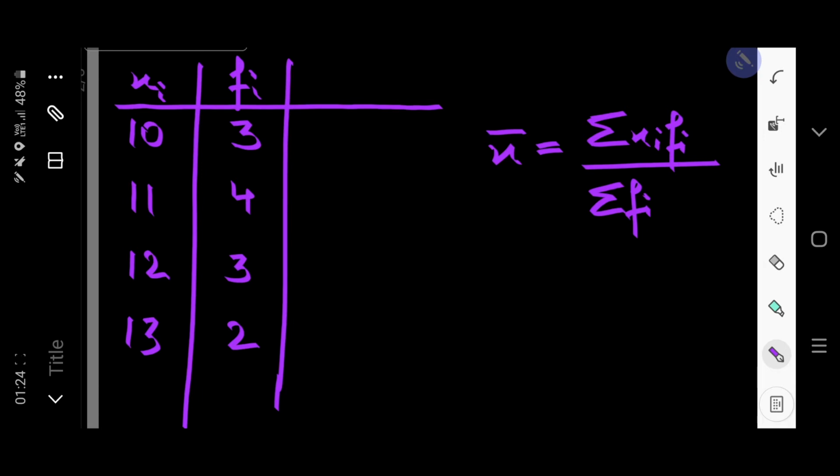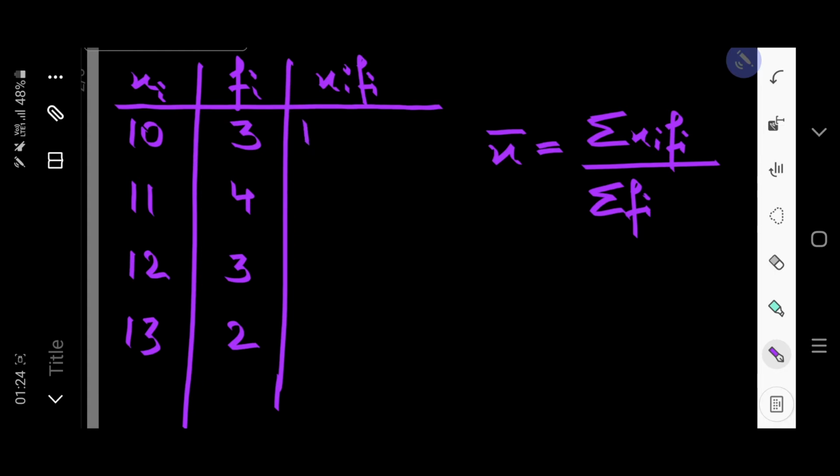So for that, first we need to find sigma xi fi, which means we need the values of xi and fi. Here we are provided with the values of xi and fi, so we will simply multiply the x value with the f value.